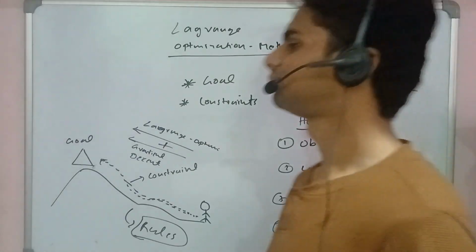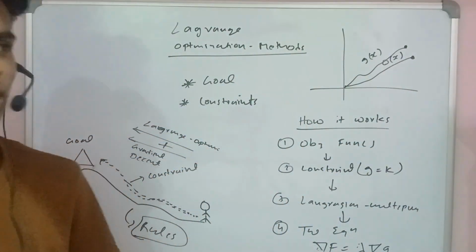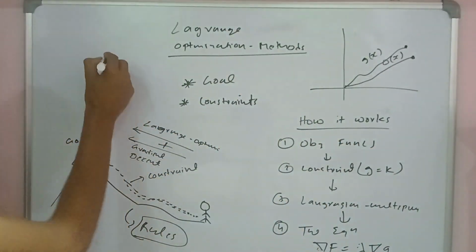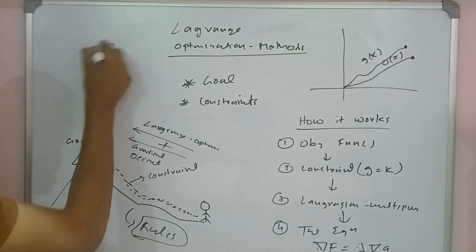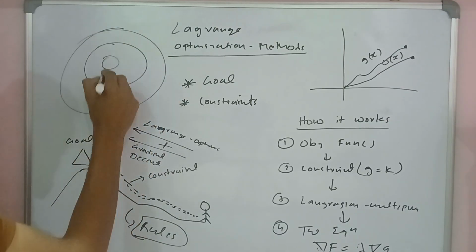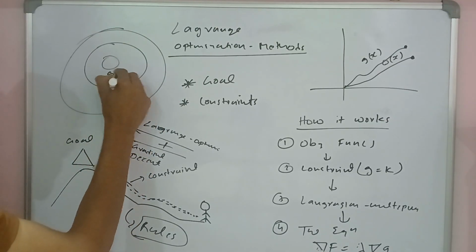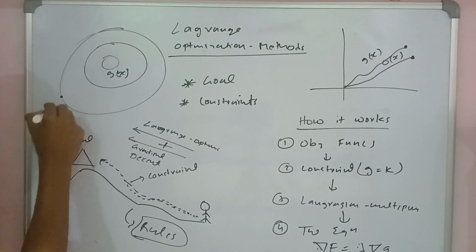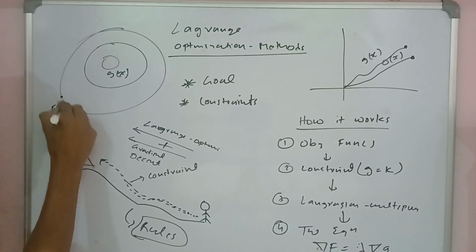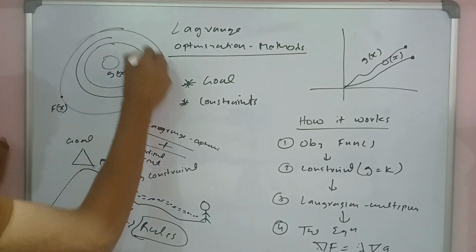Similarly, let's suppose this is an optimal point, this is g(x), and this is f(x).